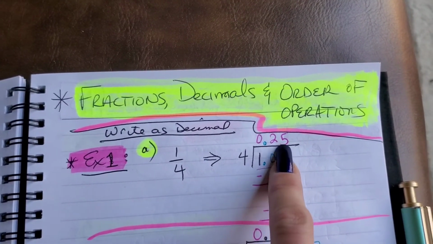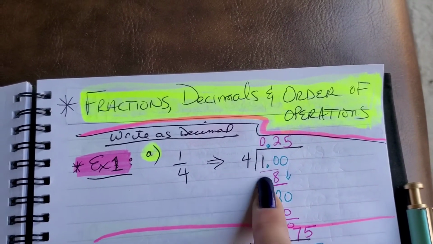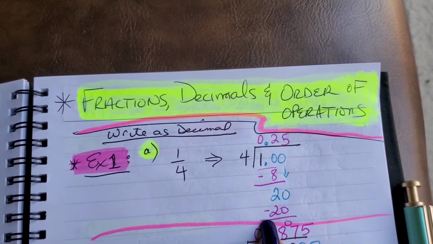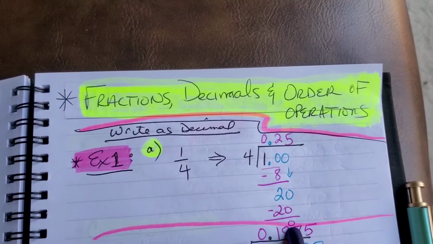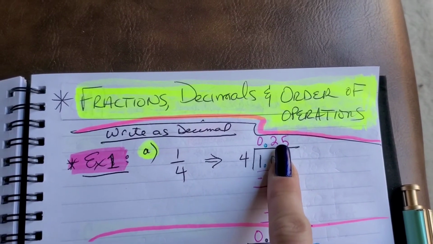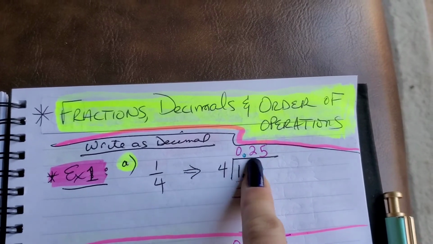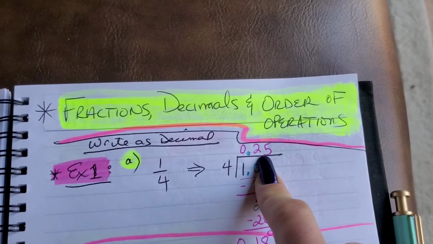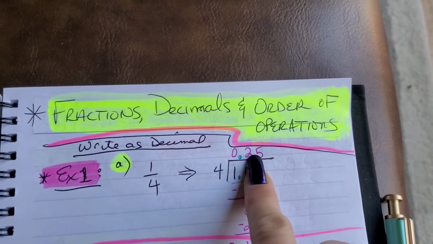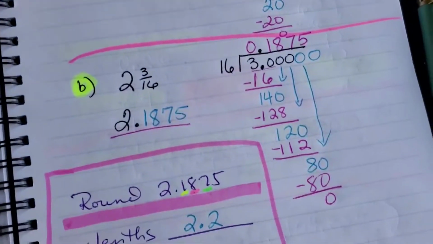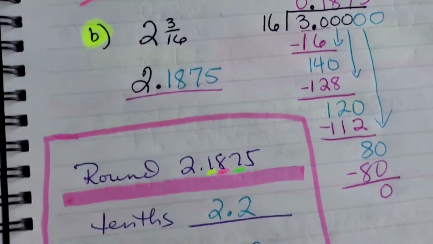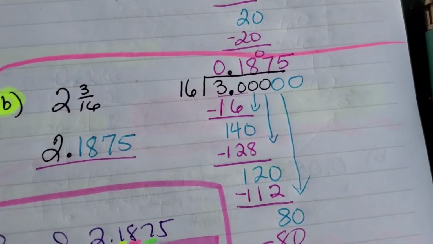How many times? 5. 5 times 4 is 20. Drop it here. Subtract. 0, of course, is our remainder, so we can stop. So in other words, 1/4 written as a decimal is 0.25. A quarter.